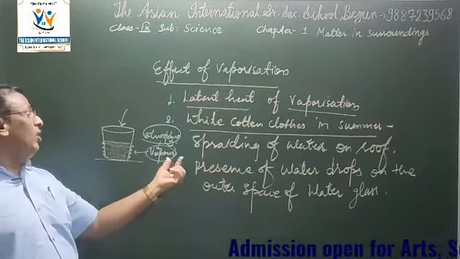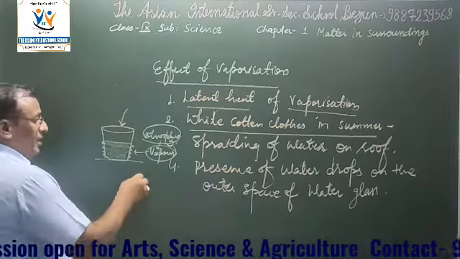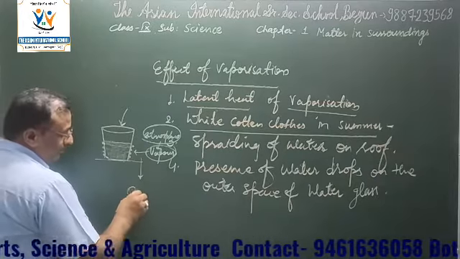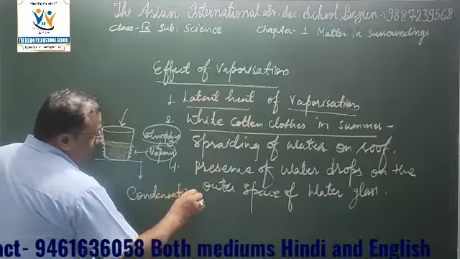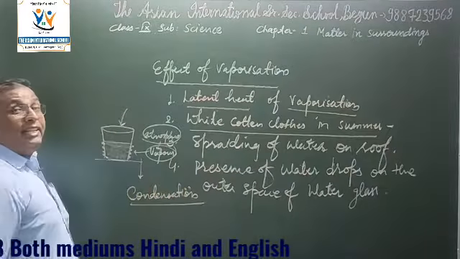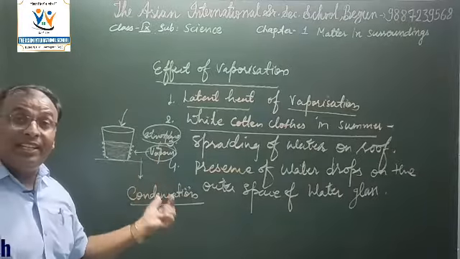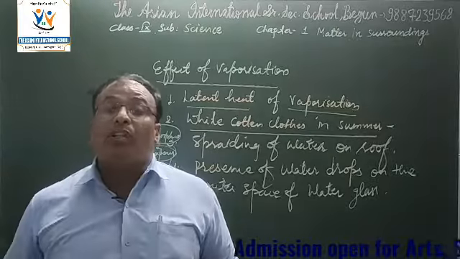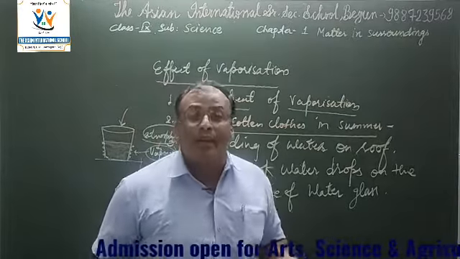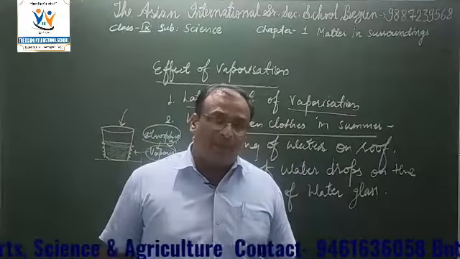This change of vapor into liquid state is a different phenomenon. This is called condensation. So condensation is a process in which water vapor changes into liquid state. So these were some of the effects.